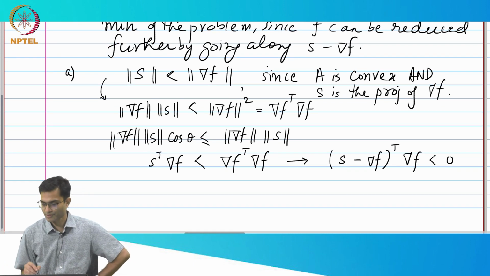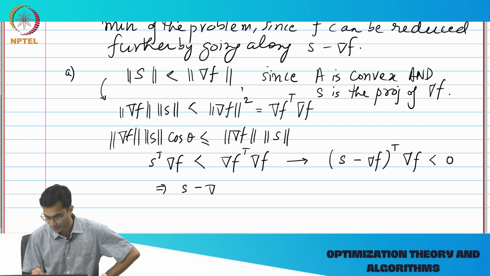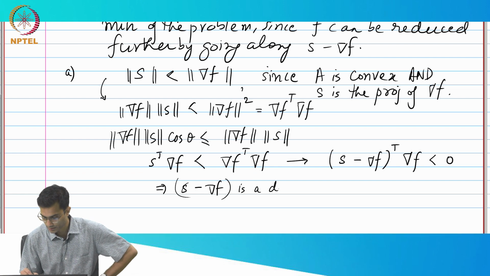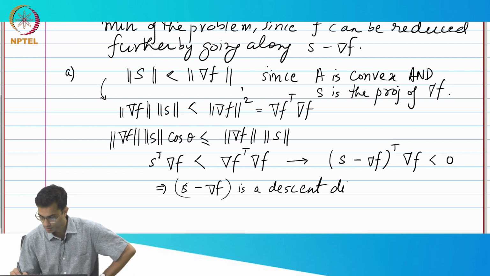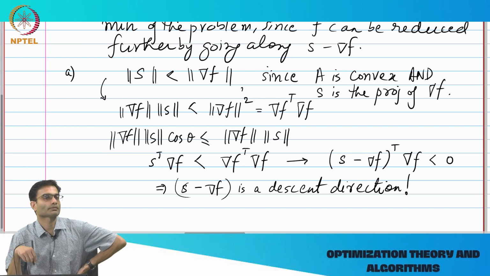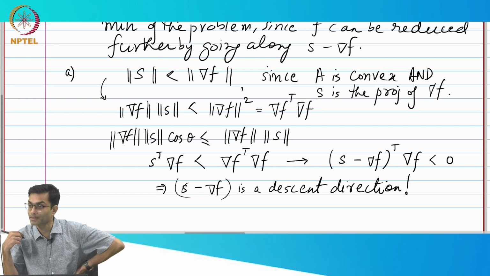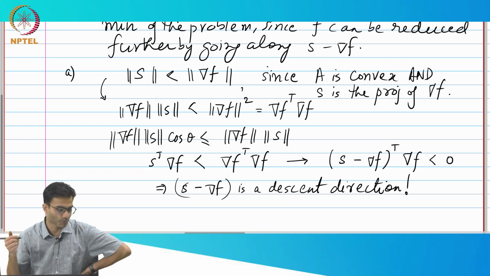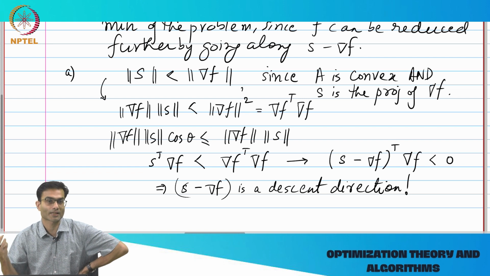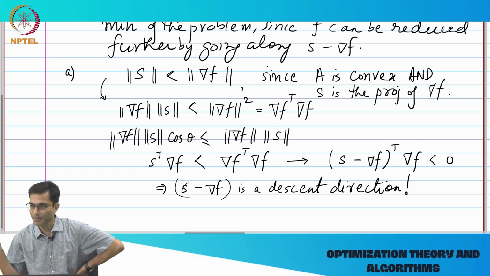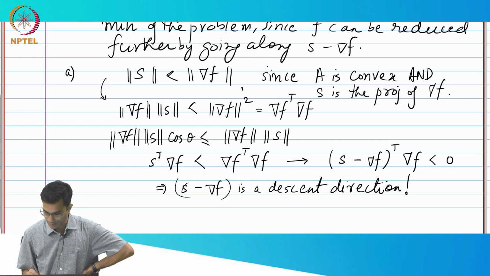And we all know what this implies: S minus grad f is a descent direction. That was quite easy to prove, right? So the first part of the puzzle we have solved: S minus grad f is a descent direction. But as you know, just proving descent direction is not enough, because it has to also be feasible. It has to make sure that I stay in that set. Everyone clear with this argument?